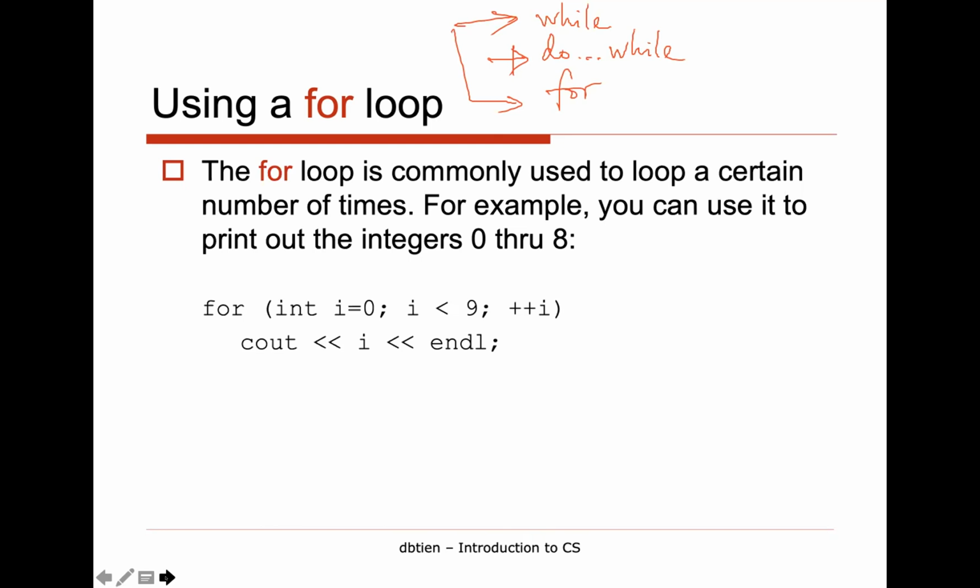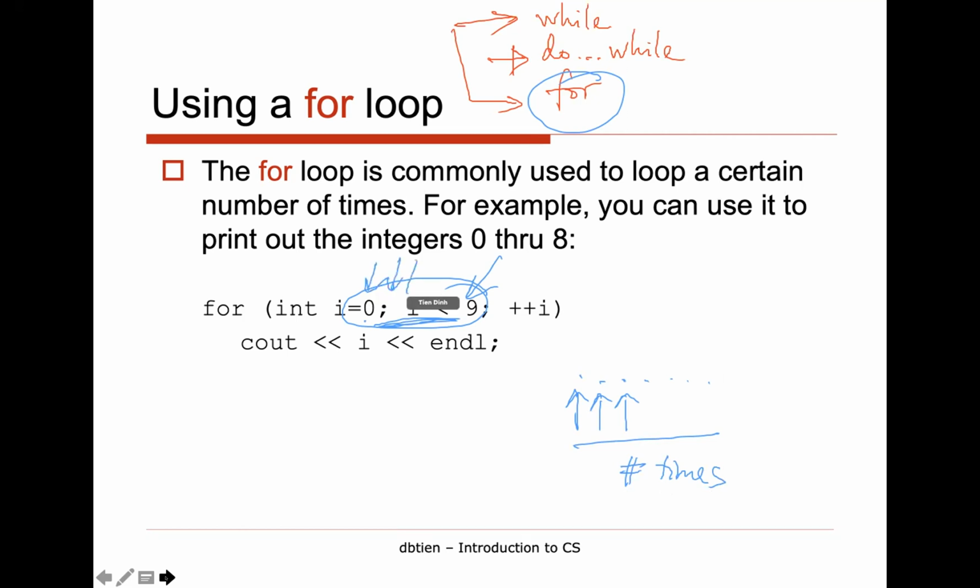But normally people prefer to use a for loop like this one, when they know the number of times you loop very clearly, like counting up 0, 1, 2, 3 until 9. If you know the number of times very well, use a for loop.